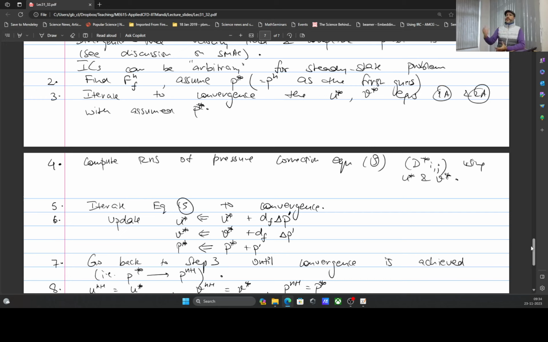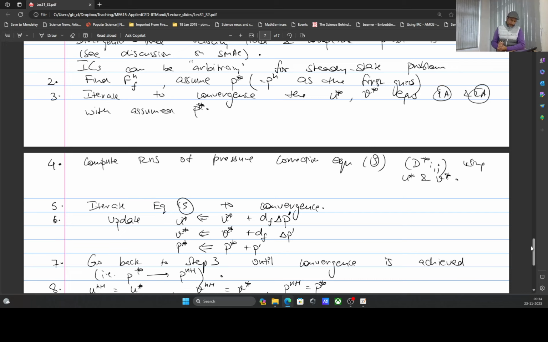So ultimately the equations that you are going to solve are with an f^(n+1). Except that you are still getting the benefit, those 3 benefits, in the sense that you are using flux at the previous iteration, so that they are available. You are solving for the velocities u stars and v stars, which are different from the velocities used for flux, because they are at the previous iteration, not the previous time step. That's the only difference.